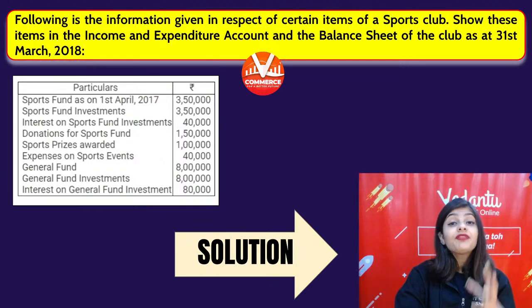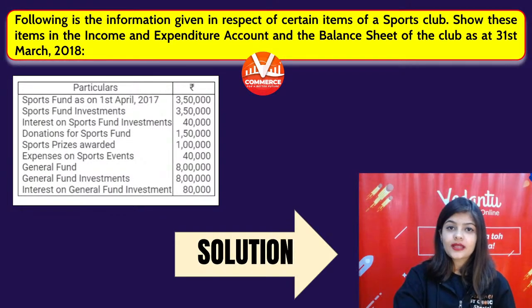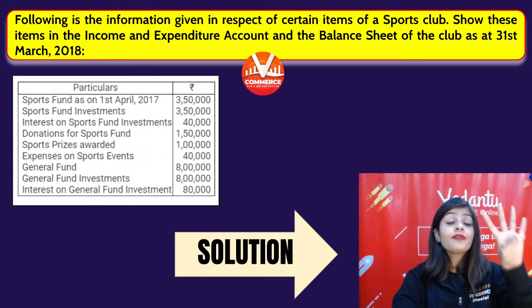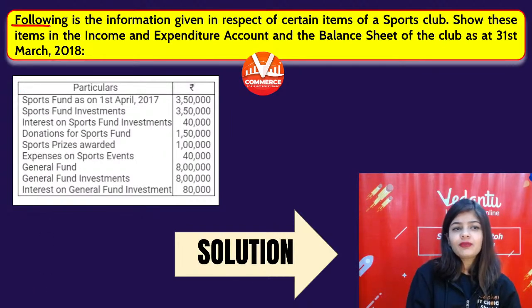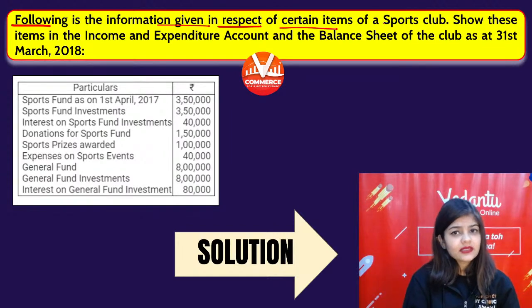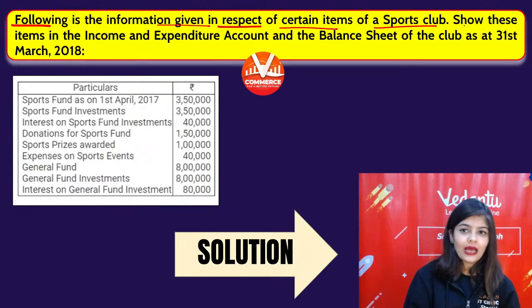This is a fund-based question, and you know that these types of questions are asked for 4 marks. So following is the information that is given in respect of certain items of a sports club.